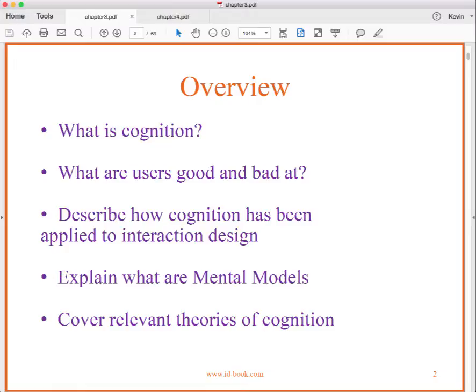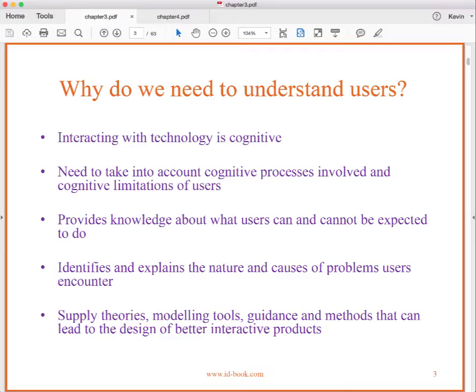We're going to explore this whole idea of mental models, which I think is very, very helpful. Then talk about relevant theories of cognition.